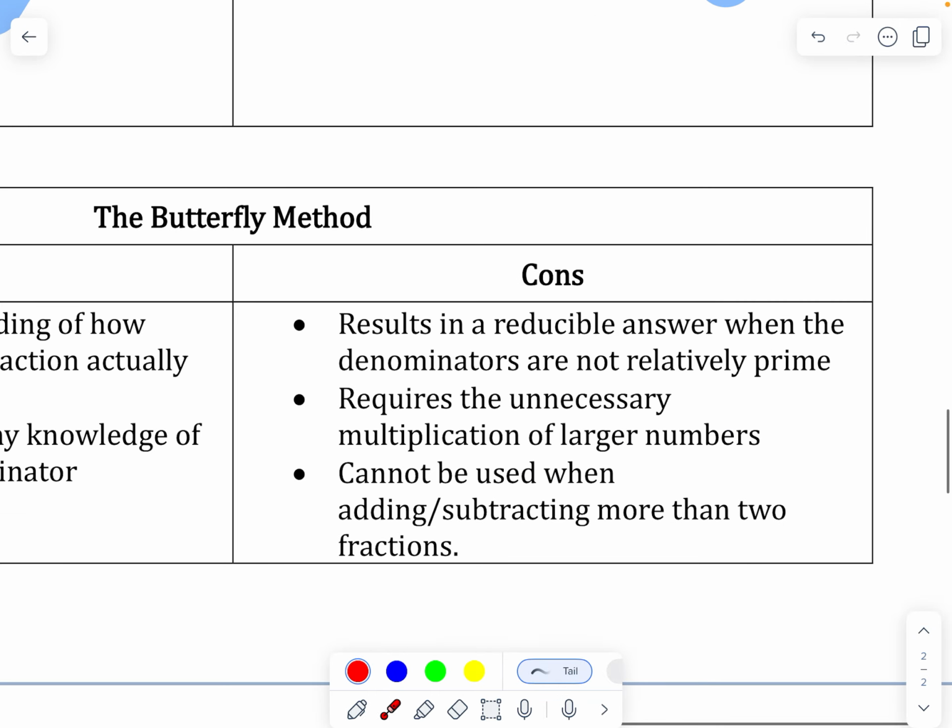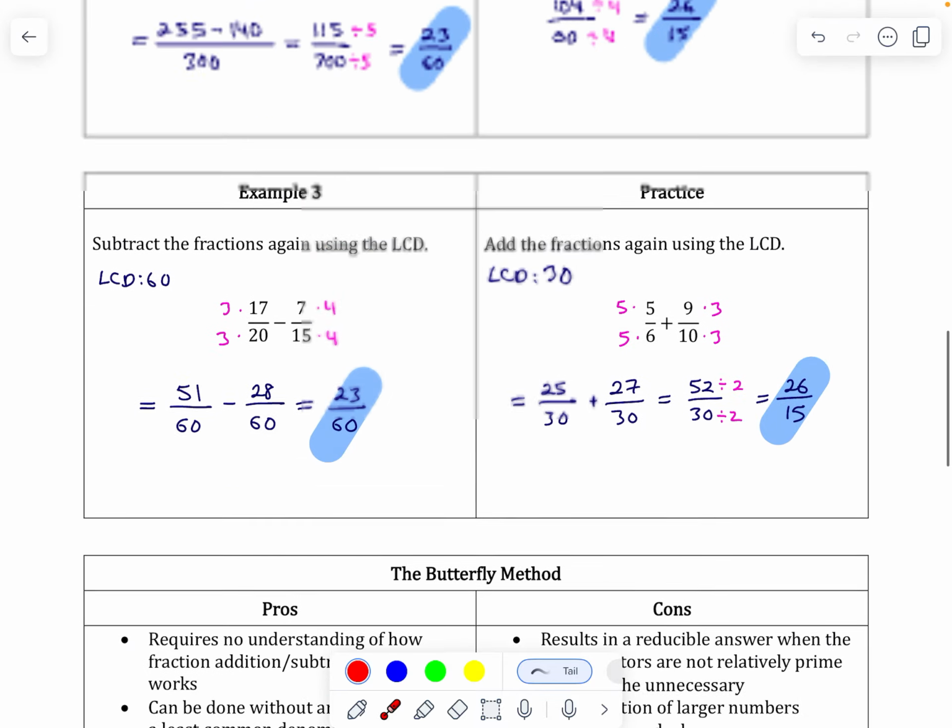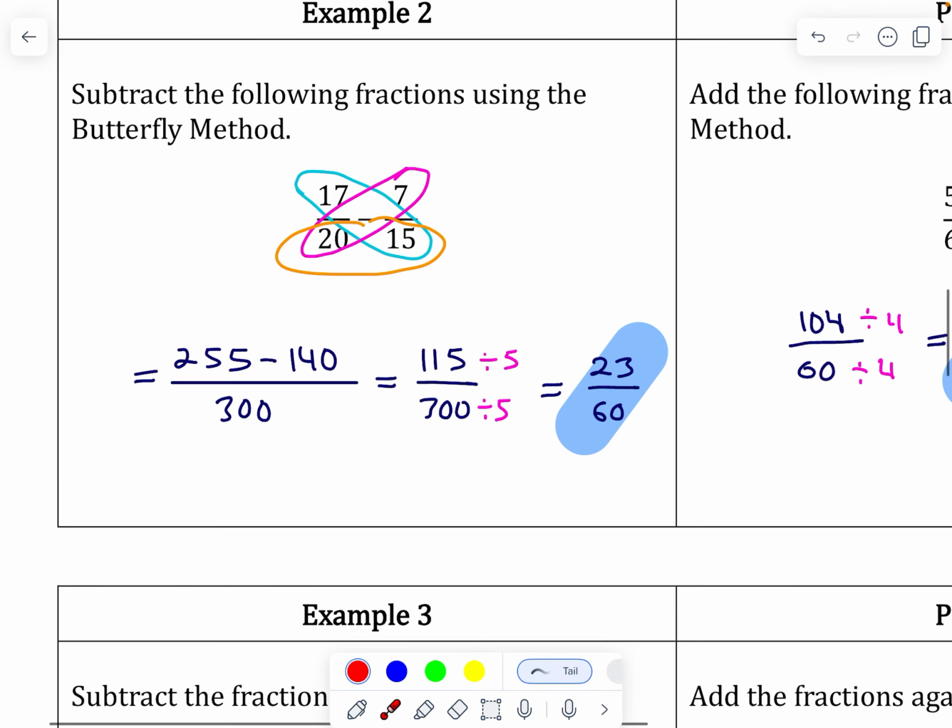The cons: it results in a reducible answer when the denominators are not relatively prime. Guaranteed, you will always have to reduce if the denominators are not relatively prime, but you may not consider that a big deal. I'm going to stick by point 2 here as the strongest con for the butterfly method, is that it requires the unnecessary multiplication of larger numbers. So in example 2, remember, we had to multiply 17 and 15, right? Most people can't do that in their heads.